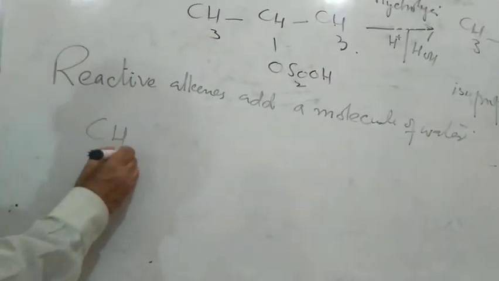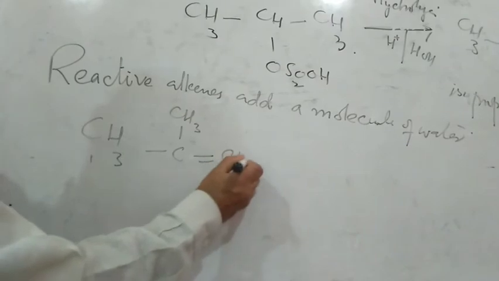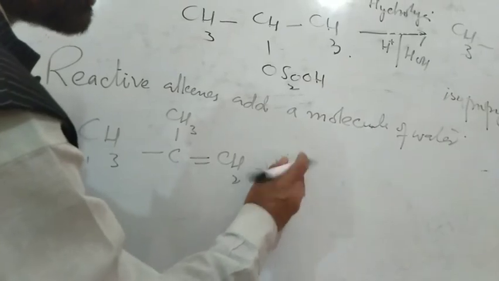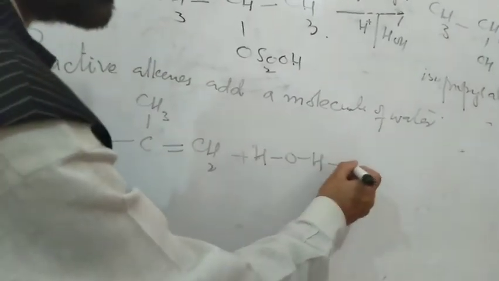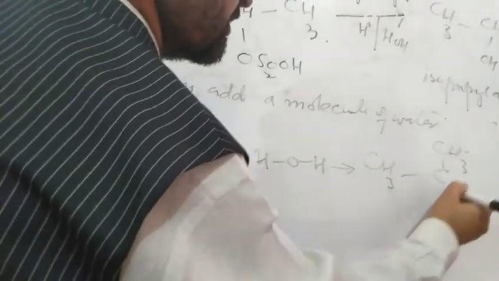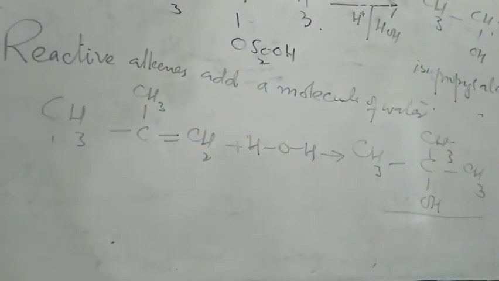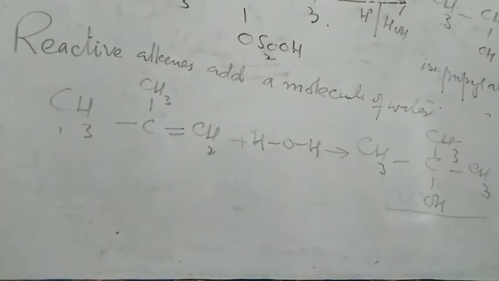For example, this is one, plus O plus H gives this, the alcohol. This is the product formed. Now the reactive alkenes add a molecule of water directly to form the alcohols.